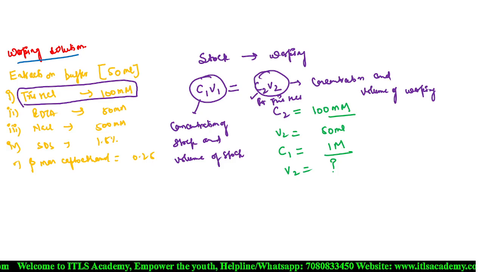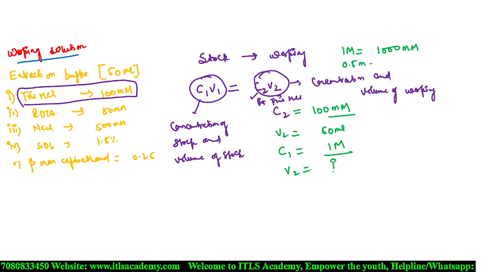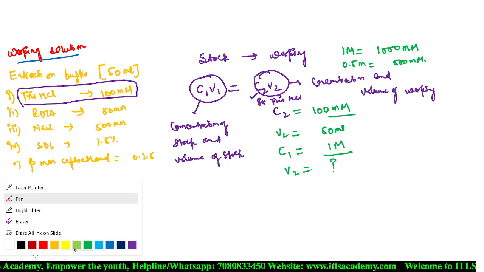So in that case, you have to convert the concentration of the solution. Now we know that 1 molar is equal to 1000 millimolar, or 0.5 molar is equal to 500 millimolar. So where 1 molar is there, we put 1000 millimolar in its place.